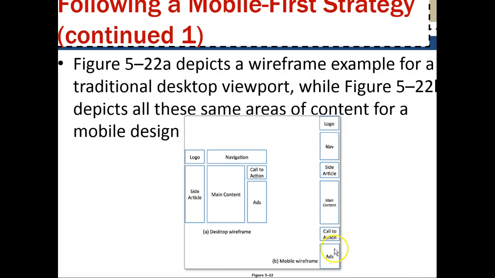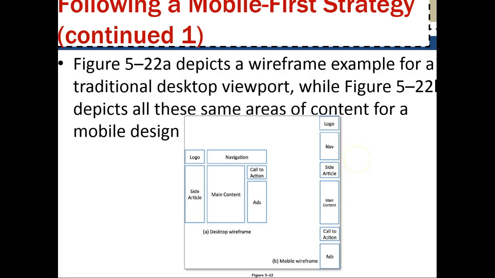So for a mobile device, you will see something like that, versus in the desktop design, you will see something like that. Also, there is one thing wrong with this mobile wireframe: it's too long and it can require a lot of extra scrolling for a mobile user.